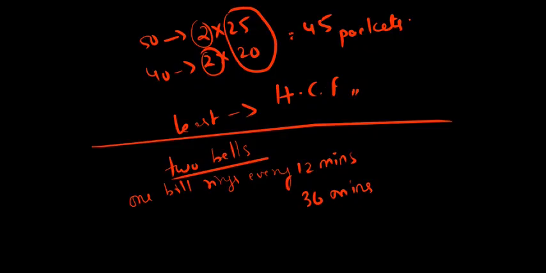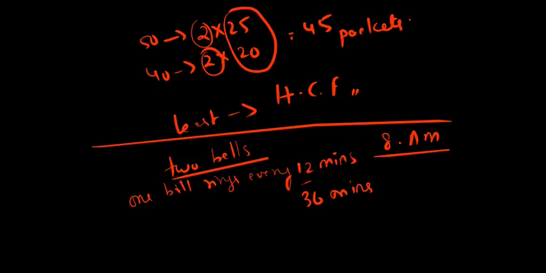They will ask when both will ring together. For example, if both rang at 8 a.m. at once, and next, when will both ring together again? The first one rings every 12 minutes: 12 minutes, again 12 minutes, next 12 minutes.